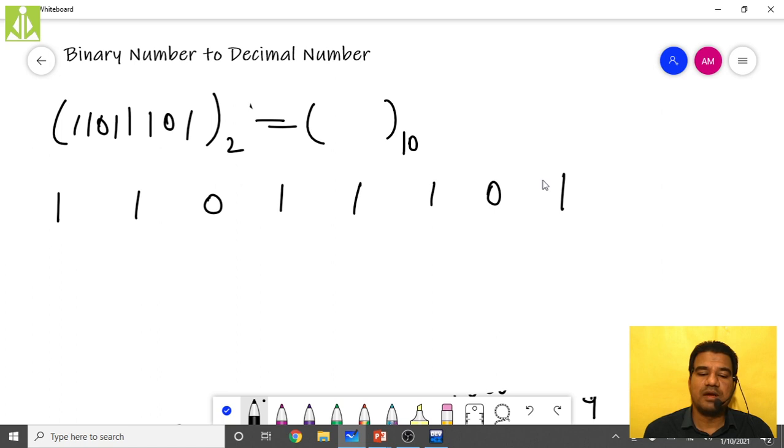So simply multiply each digit with 2, multiply with 2, here also multiply with 2, multiply with 2, multiply with 2, multiply with 2.